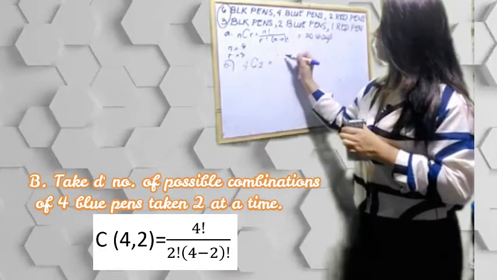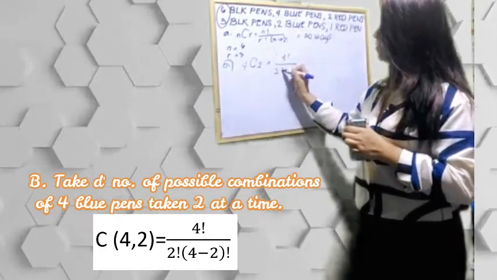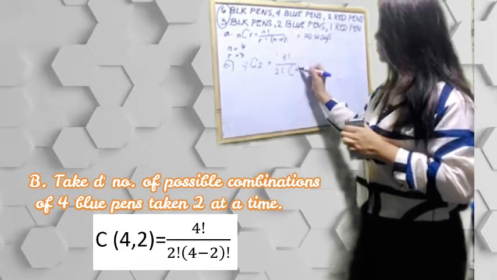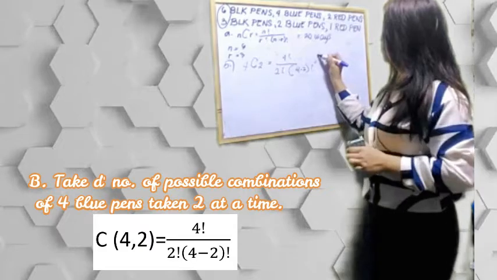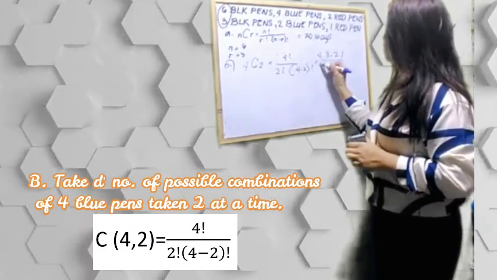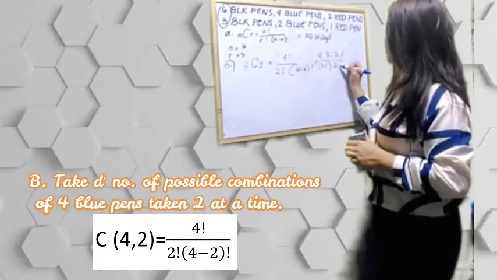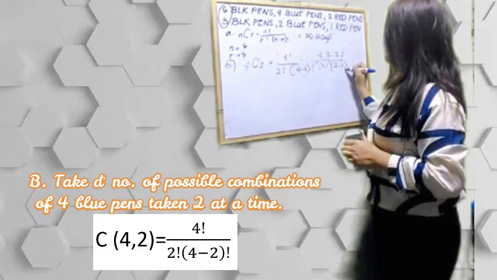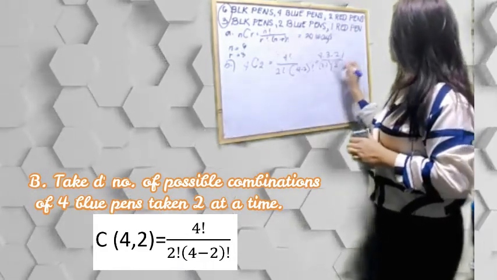That will be 4 factorial over 2 factorial times 4 minus 2 factorial, still in factorial. Expanding, 4 factorial will be 4 times 3 times 2 times 1. 2 factorial will be 2 times 1. 4 minus 2 is 2, which is also still in factorial, so that will be 2 times 1. When expanded, cross this out.